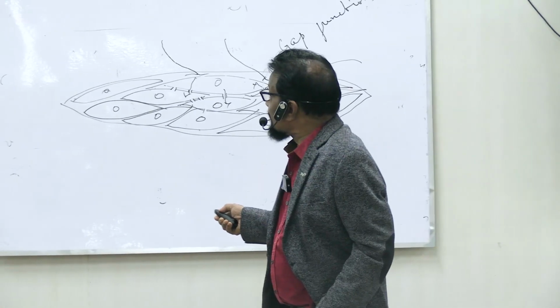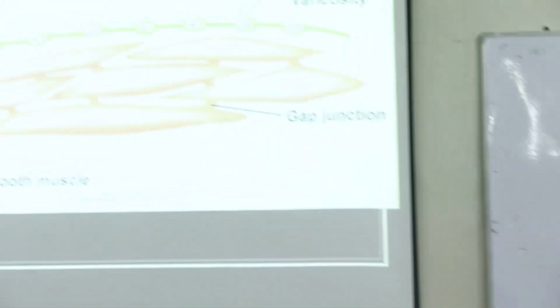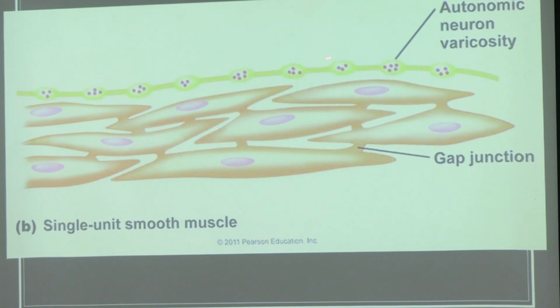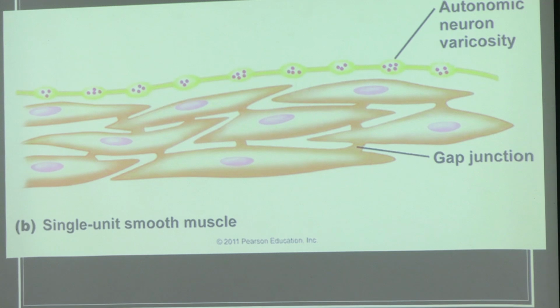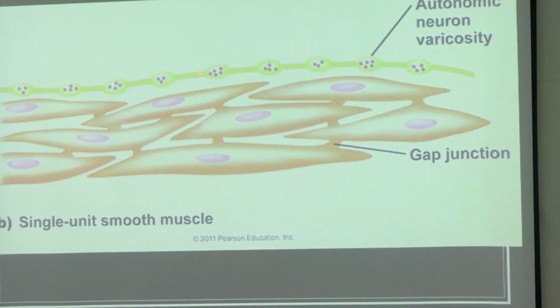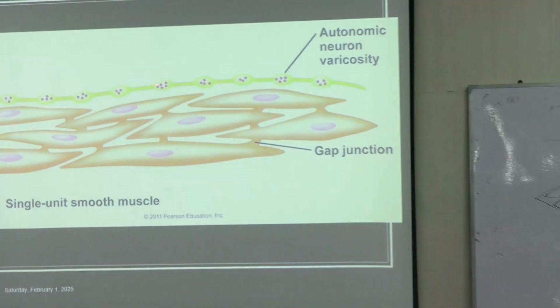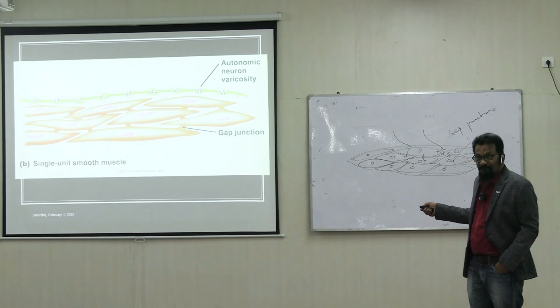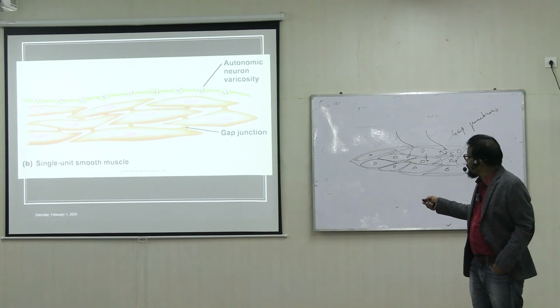Suppose it is a parasympathetic nerve. So what will be there here? Acetylcholine. When the stimulation comes, from the varicosities these chemicals will be released into the ECF.